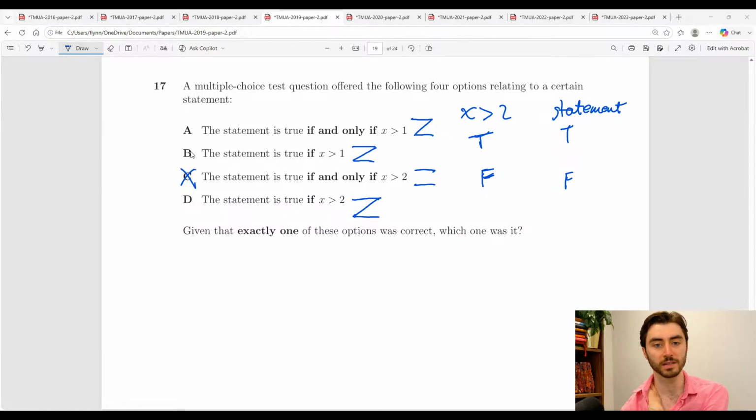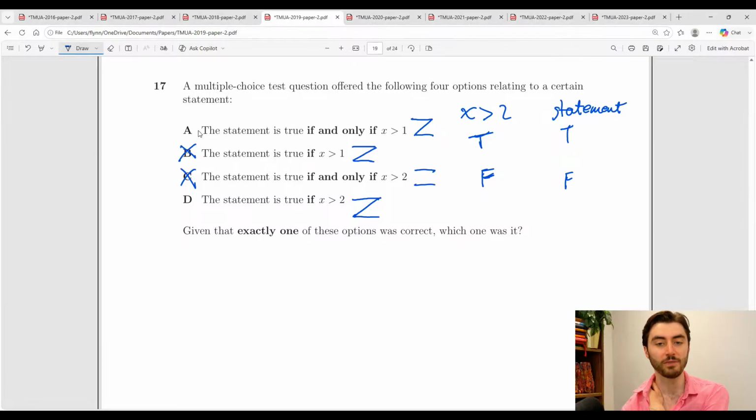So if B were the correct statement, then D would have to be correct as well. If A were the correct statement, then D would have to be correct as well. So D is the one that is only one of the correct options.